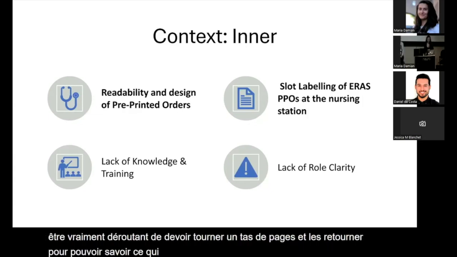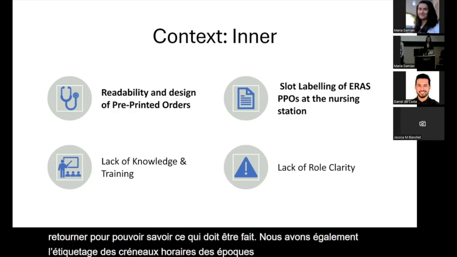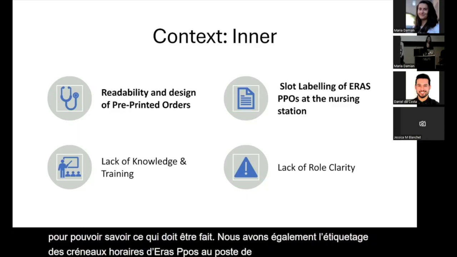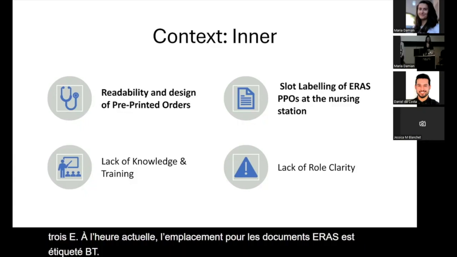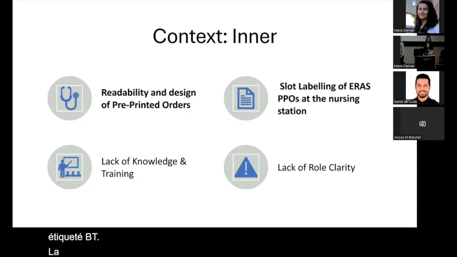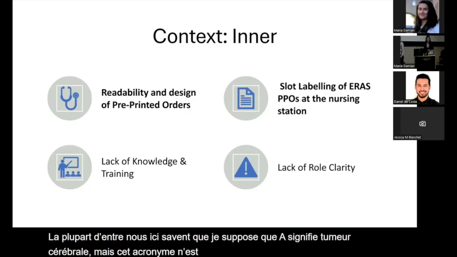We also have the slot labeling of ERAS PPOs at the nursing station, specifically on 3 East. The slot for ERAS documents right now is labeled BT. Most of us here know, I would assume, that it stands for brain tumor, but this acronym isn't recognized by new or recent graduate nurses.